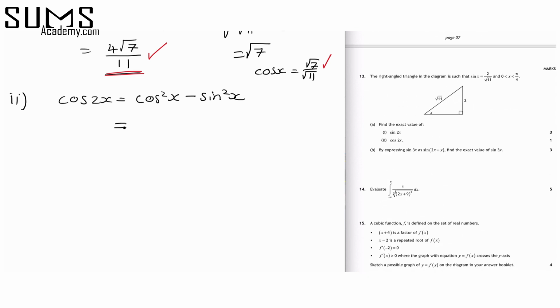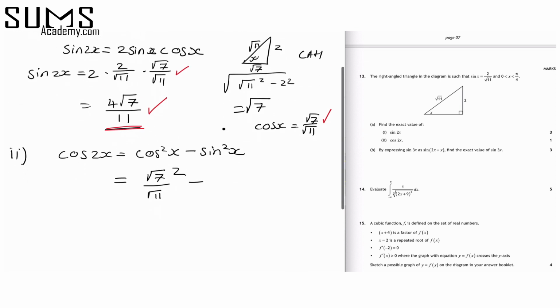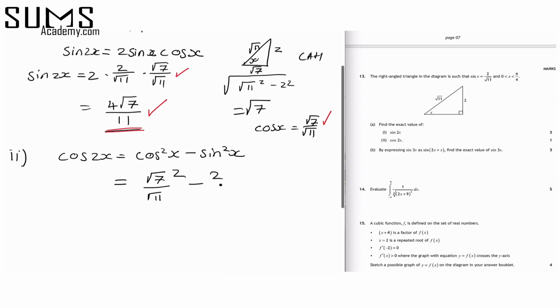So that's going to be equal to root 7 over root 11 squared minus 2 over root 11 squared.